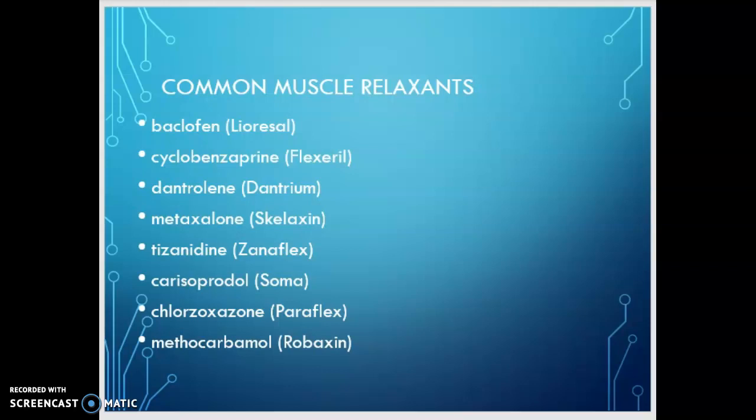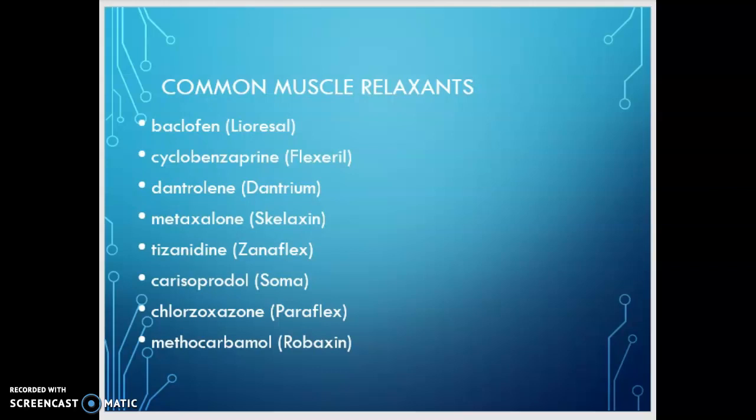Our common muscle relaxants: baclofen, cyclobenzaprine. Cyclobenzaprine, Flexeril, is not being prescribed as much as it used to be because it does have a significant susceptibility for abuse. Dantrolene, don't see very much. Metaxalone, don't see very much, although we do still see that.